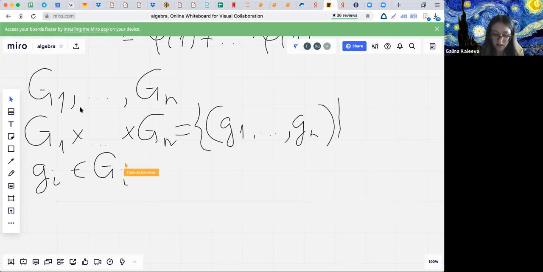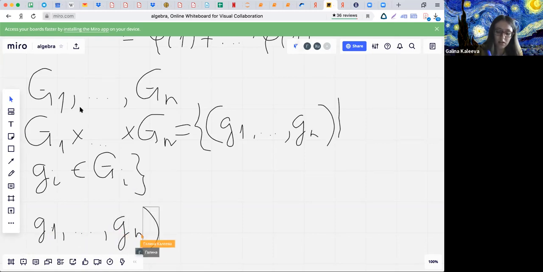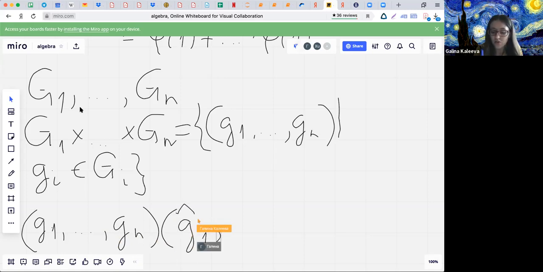And what is the operation in this group? We multiply two strings using the operation of every position. Remember now the definition. So how can we multiply, for example, (g1, ..., gn) and (g hat 1, ..., g hat n)?